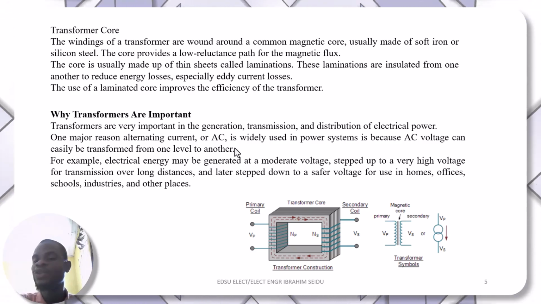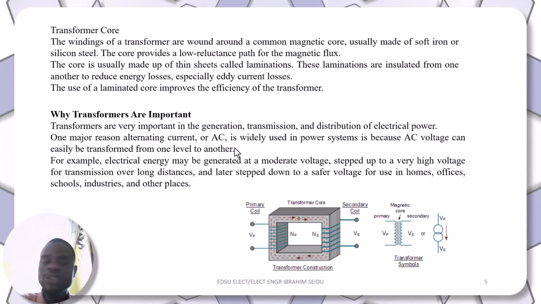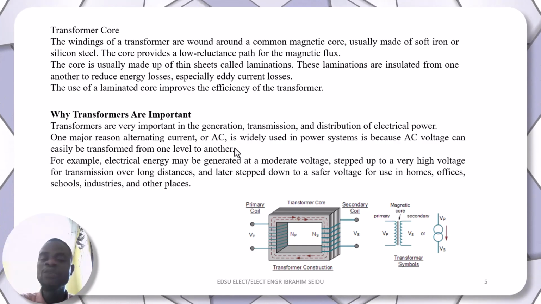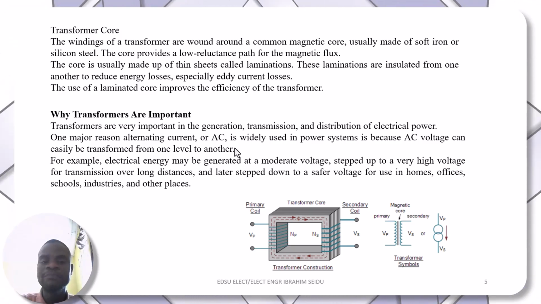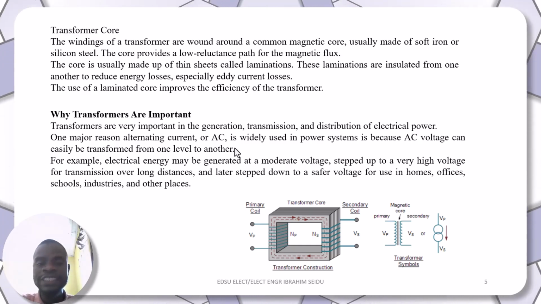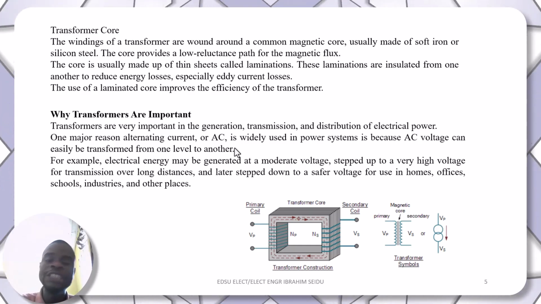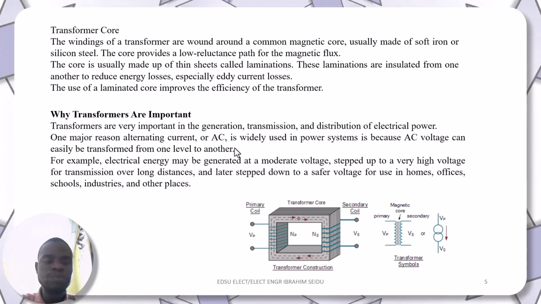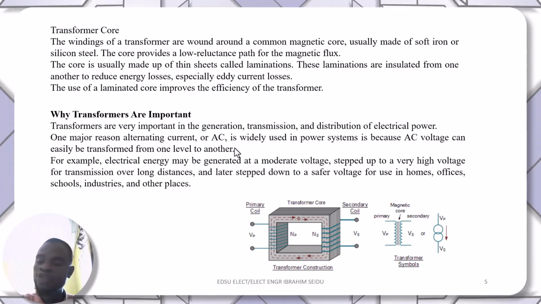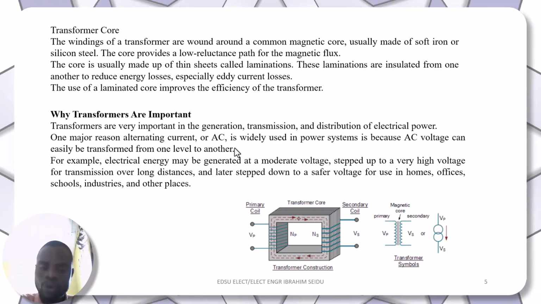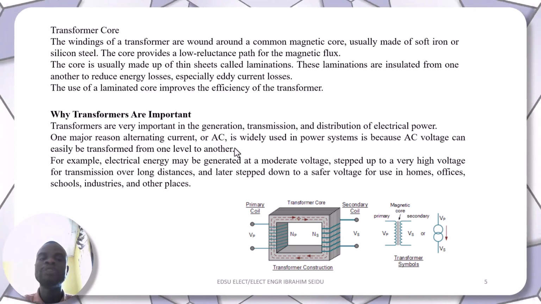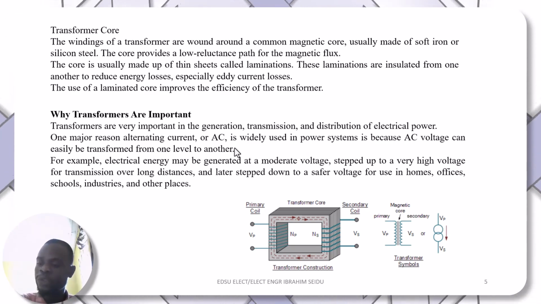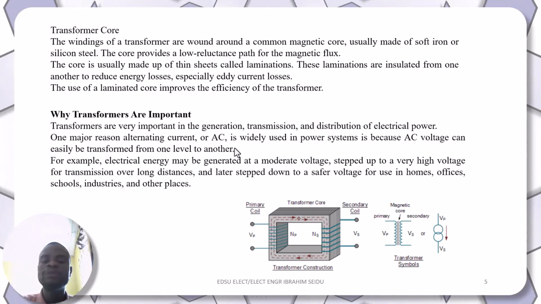Now they don't transmit that 16 kilovolt directly to the load center. First of all, they have to send it to the switch gear. From the switch gear, then they transmit it to other parts of Nigeria that need it. Now that 16 kilovolt is too small to be transmitted because the losses will be very high. Since the voltage is low, then definitely the current will be very high.